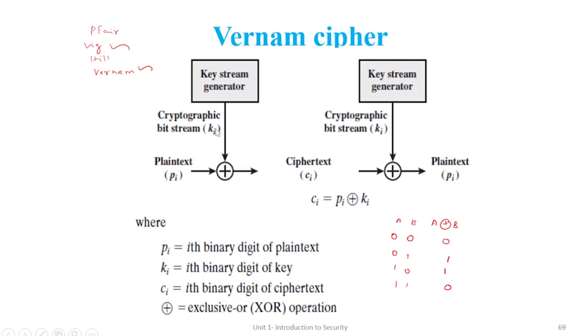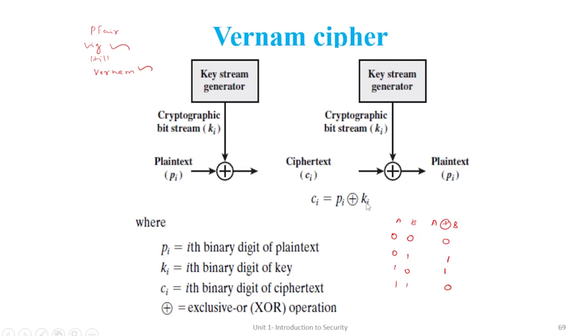First take the first letter, convert it into its corresponding integer, then into binary form, and do the exclusive OR operation. But the only condition for using exclusive OR is that the number of bits in the plaintext should be equivalent to the number of bits in K, that means the key. If those bits are equivalent, then only can we do the exclusive OR operation.